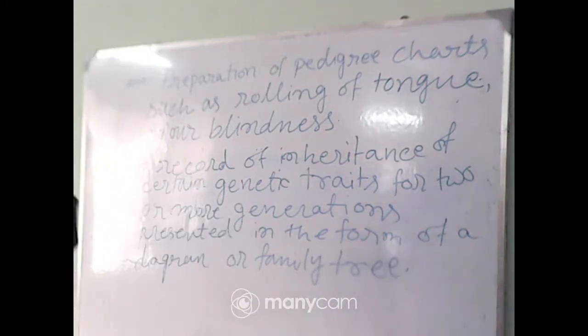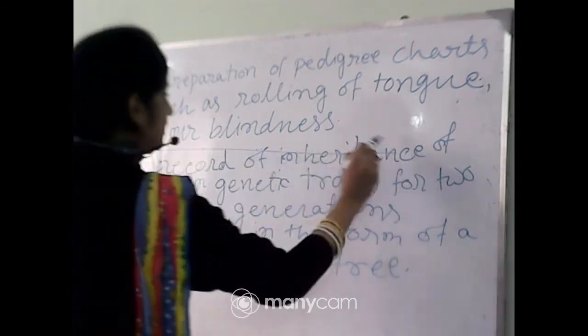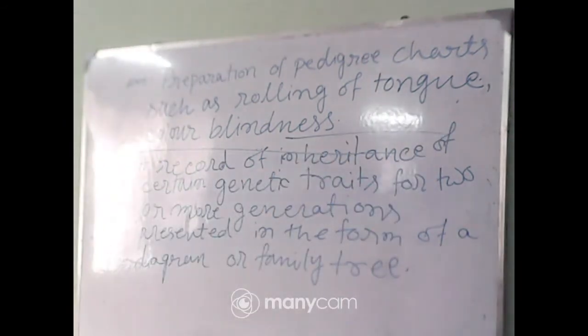This is the definition of the pedigree: a record of the inheritance of certain genetic traits for two or more generations presented in the form of a diagram of a family tree.